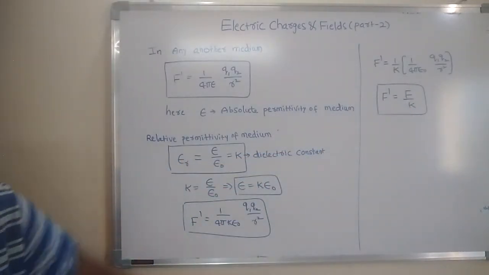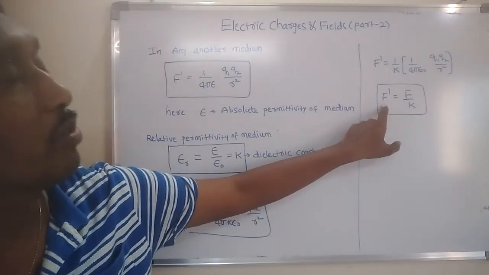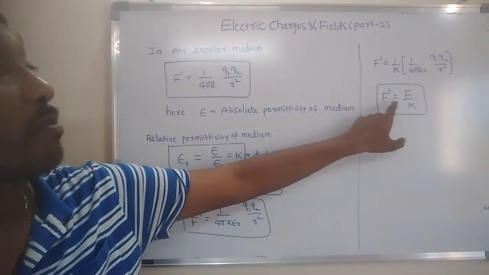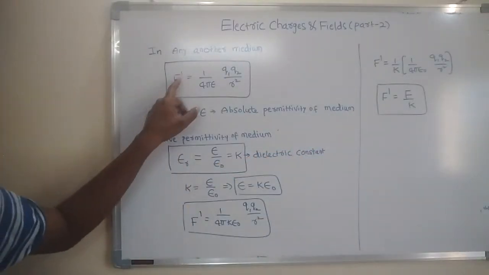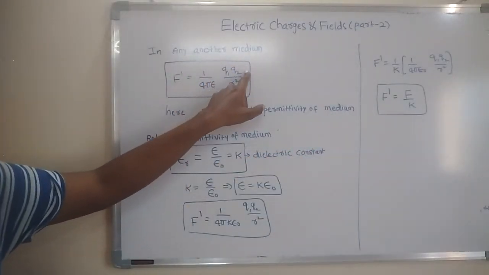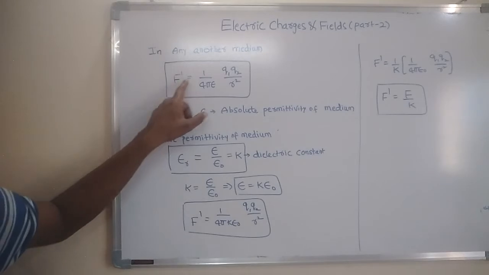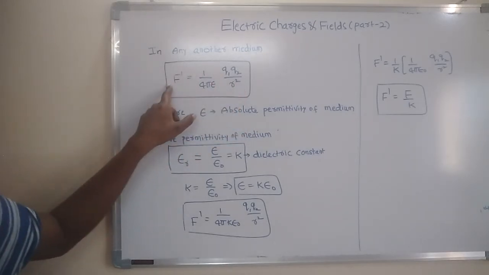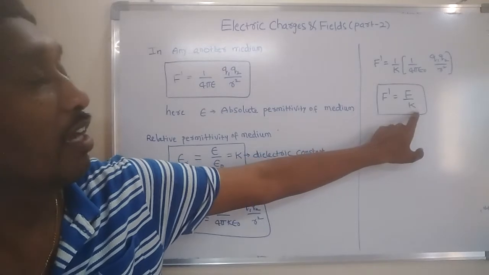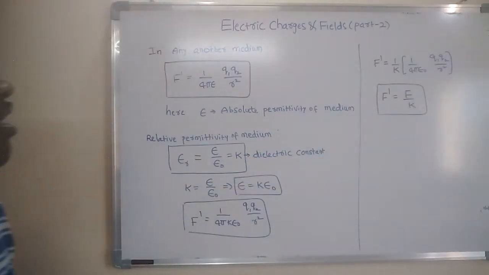If dielectric constant increases, electric force between two charges decreases because they are inversely proportional. That means electric force increases with the magnitudes of the two charges, it decreases with the distance between the two charges, and it also decreases with the increasing of dielectric constant.